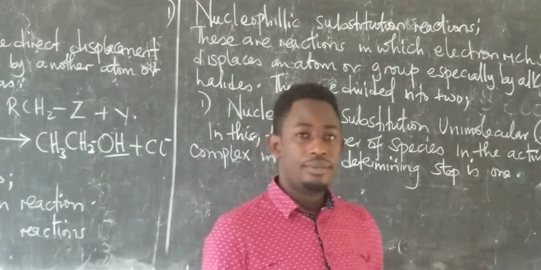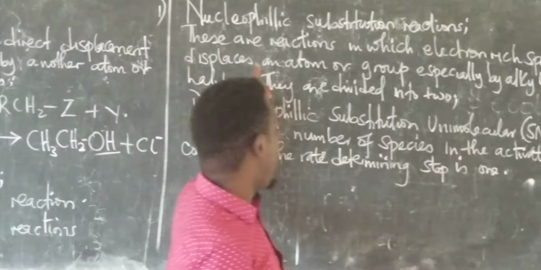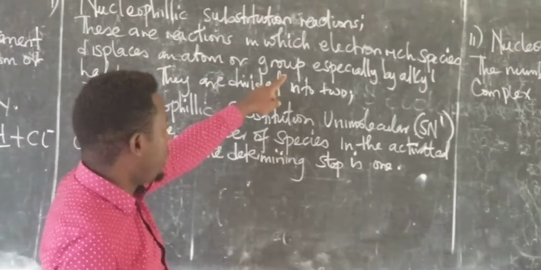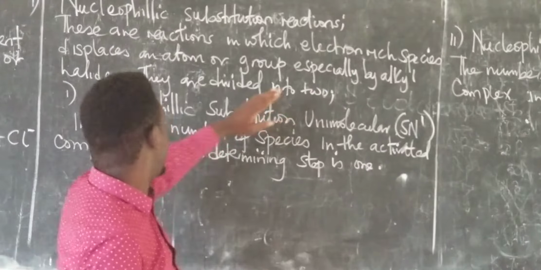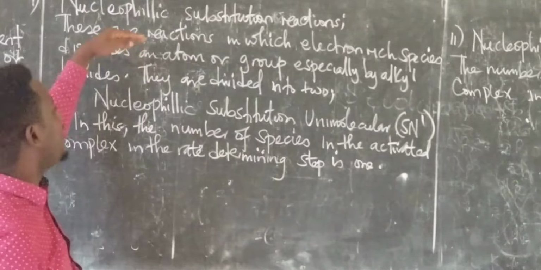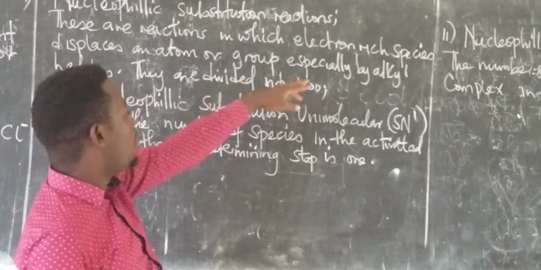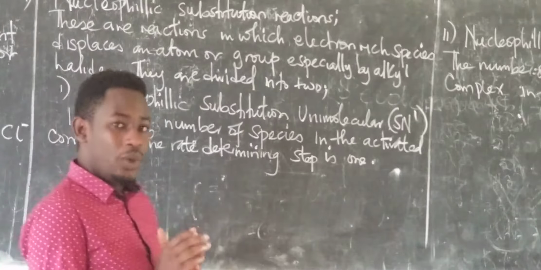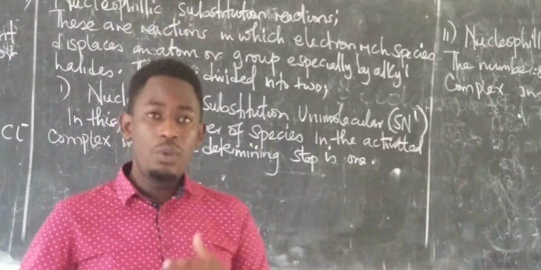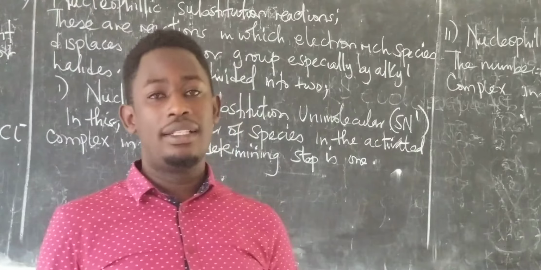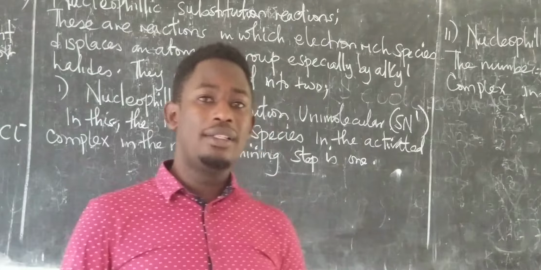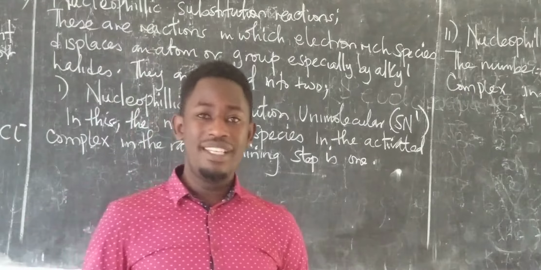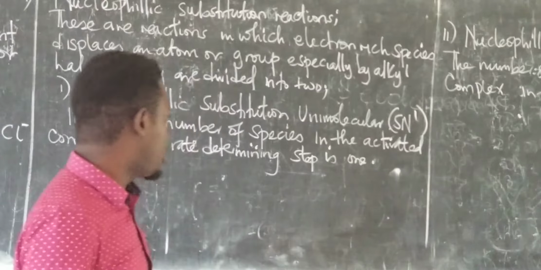Now we're going to first look at the nucleophilic substitution reaction. We are saying these are reactions in which the electron-rich species displaces an atom or a group of atoms. And these ones are so common in what we call alkyl halides. The alkyl halides are the ones that undergo nucleophilic substitution reactions.